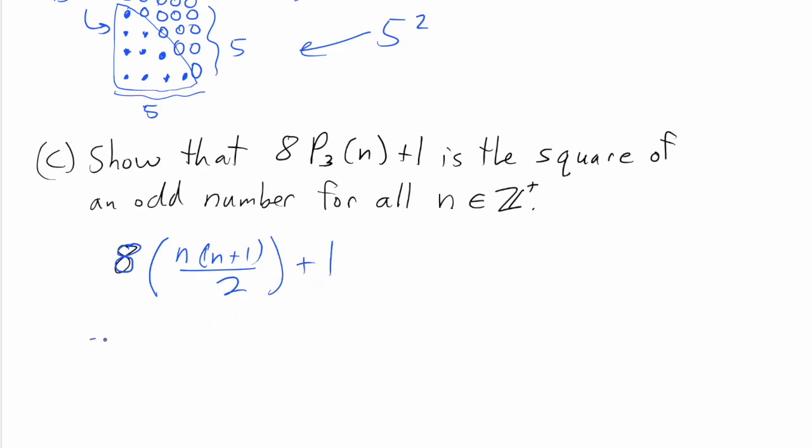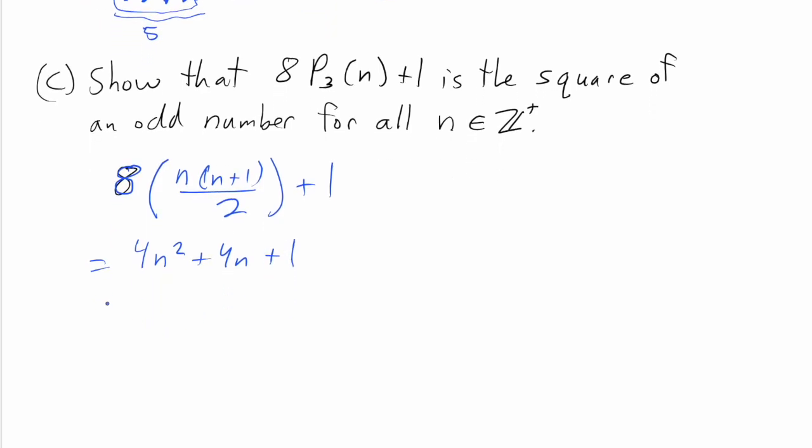And let's simplify it and see what happens. So 8 divided by 2 gives you 4. We get 4n squared plus 4n plus 1. And this factorizes to 2n plus 1 squared.